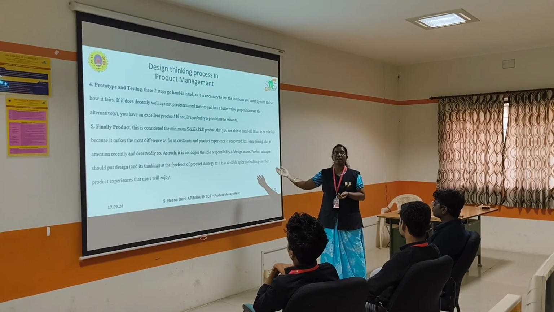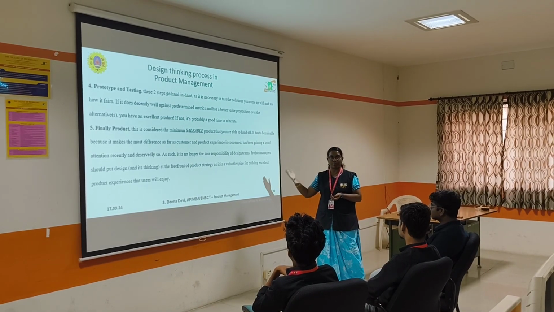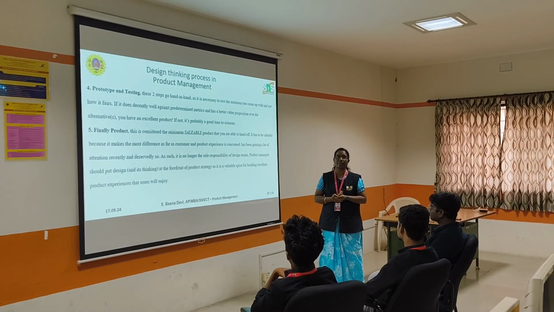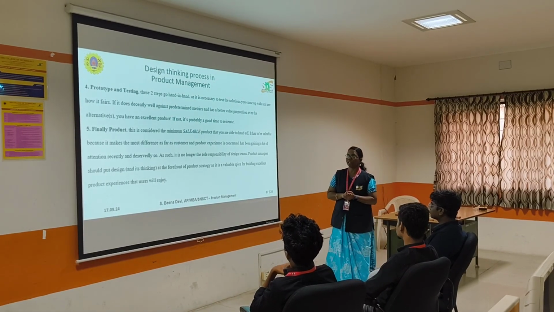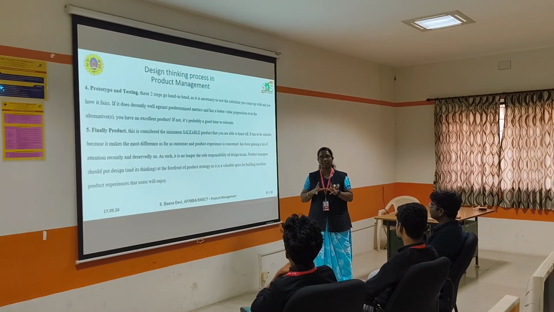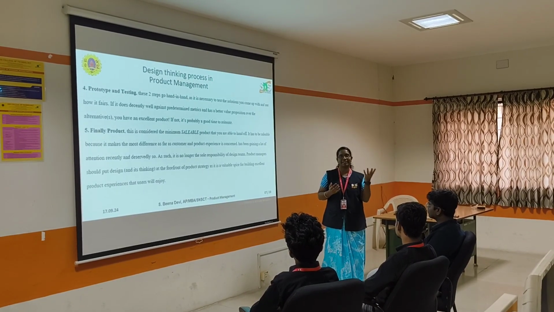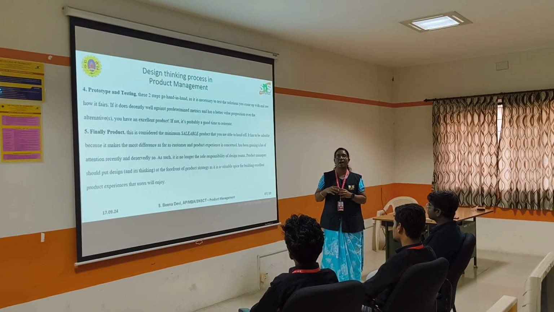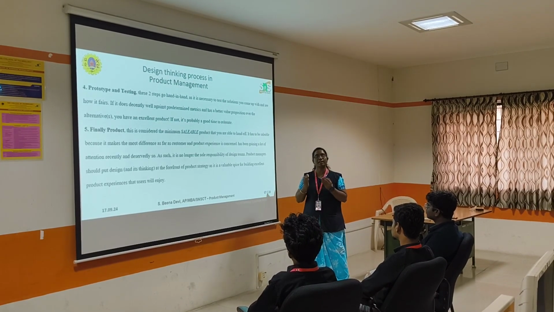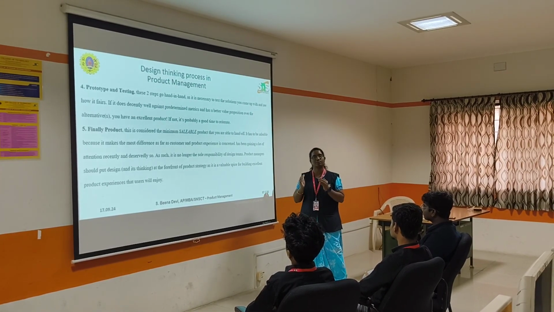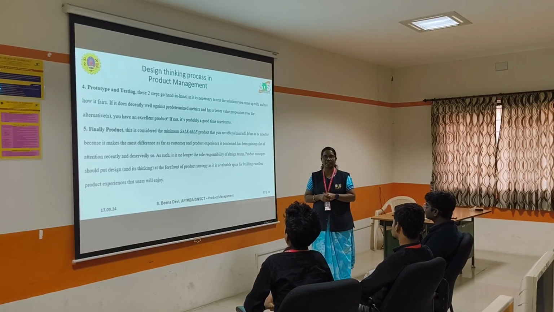And finally, if there are any changes we need to implement in the product, you are going to do it with the feedback from the customers, and that is why you get a final product. So all these 5 processes play an important role in product management. When you combine both design thinking and product management, I assure you that you will definitely get the exact outcome of what people need and want, and how the product is going to be effective for the customers.